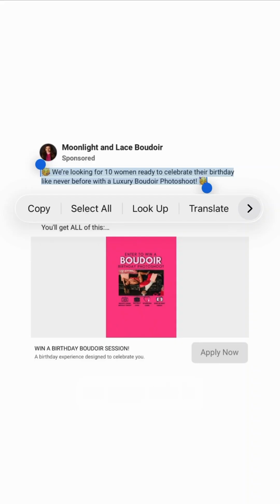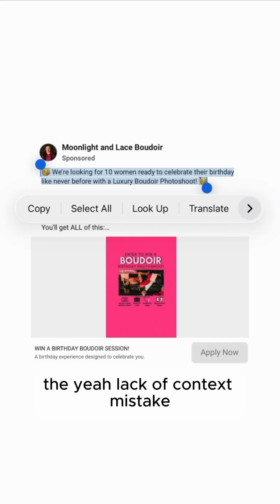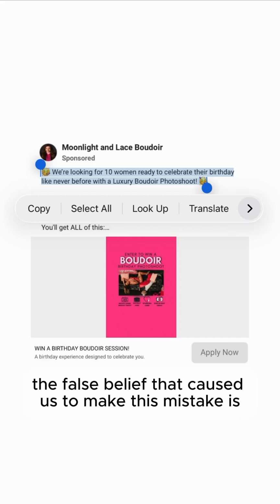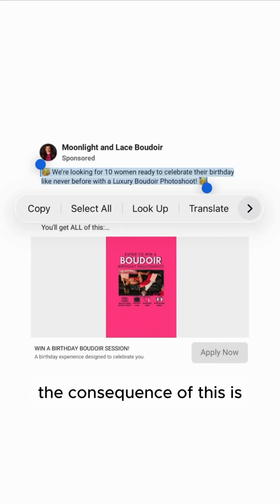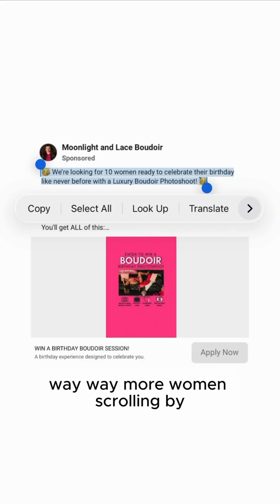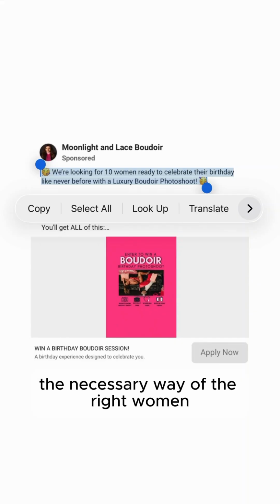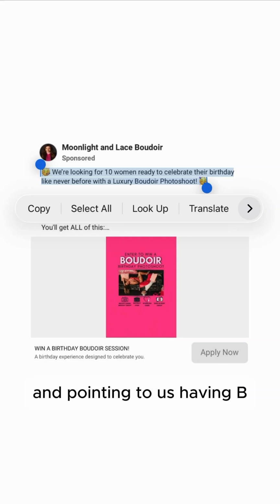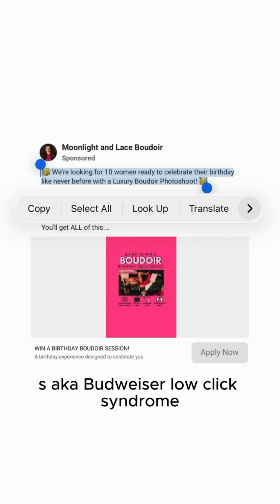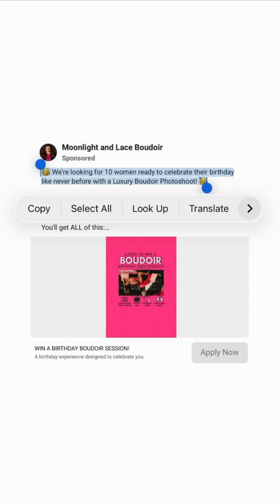This is the lack of context mistake. The false belief that caused us to make this mistake is, we believe we provide enough context, but the consequence is we actually have way more of the right women scrolling by than necessary, pulling our unique CTR all down and pointing to us having BLCS, aka Boudoir low click syndrome, increasing that probability.